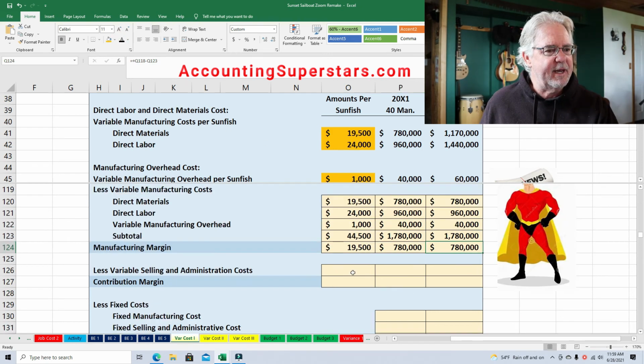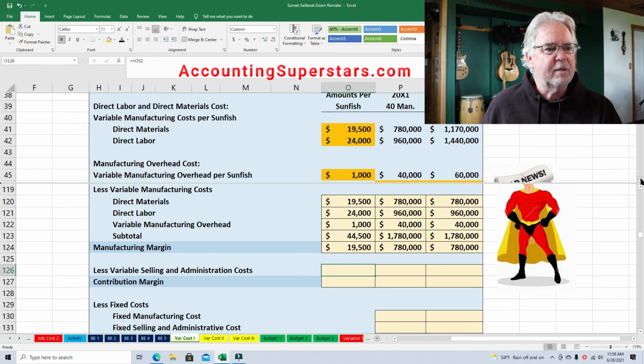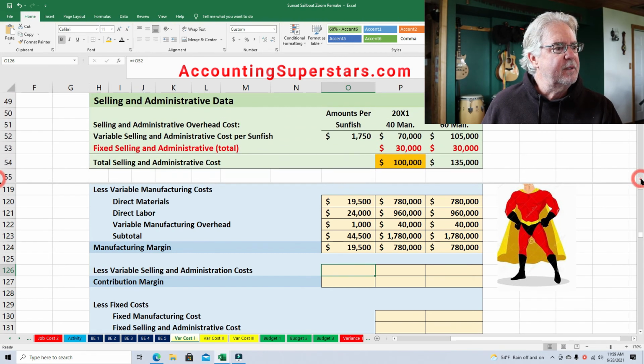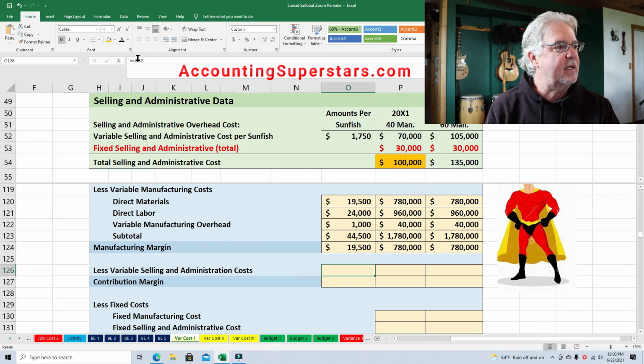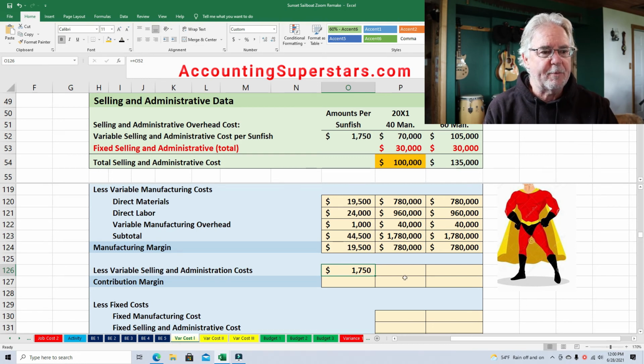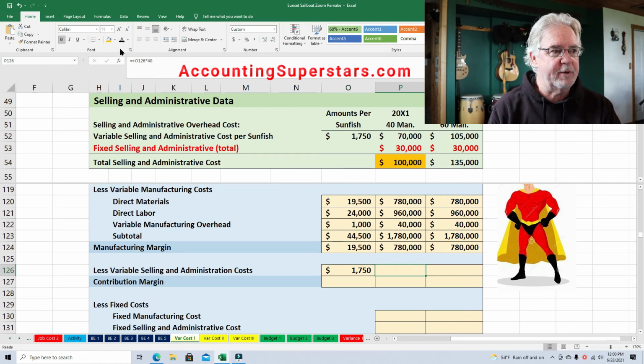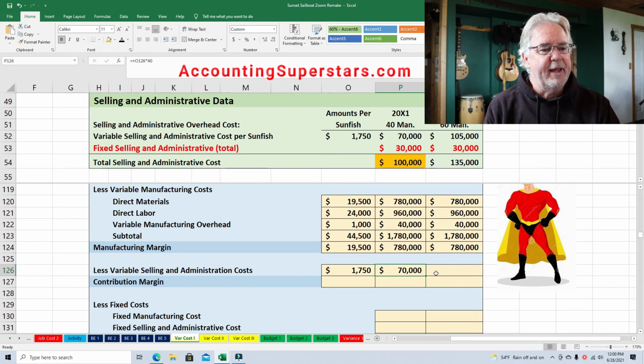All right. The variable selling and administrative costs. Let's find those. There we go. Variable selling and administrative expenses, 1,750. There we go. Times 40 boats. Remember, we sold 40 boats, and we sold 40 boats in the second year too.